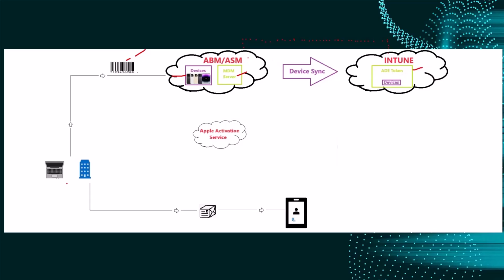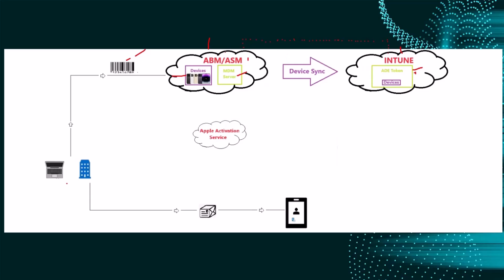So you download something from here and upload that something over here, so that this relationship establishes between ABM and Intune. I'm not going to go into the details of this for now, but for now, just understand it this way: there is this third party instance called ABM or ASM, which is a portal, and there is this Microsoft's instance called Intune. Both are there in the cloud, and both are owned by me.